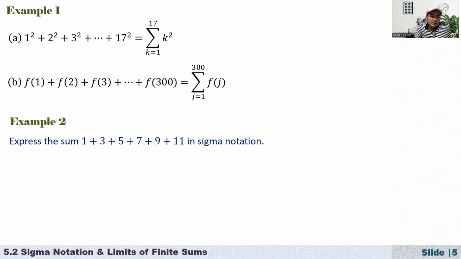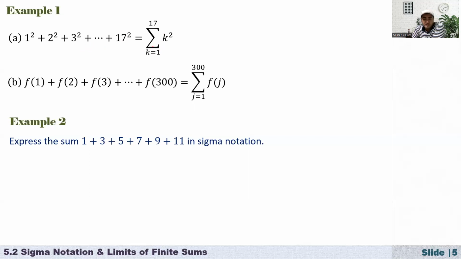Some examples. Suppose you are given this sum, 1 squared plus 2 squared plus 3 squared plus dot dot dot, up to 17 squared. How can I write, or how do I label or present this sum using sigma notation? Since we have 17 terms, that means that this k takes on 17 different values, consecutive positive integers.